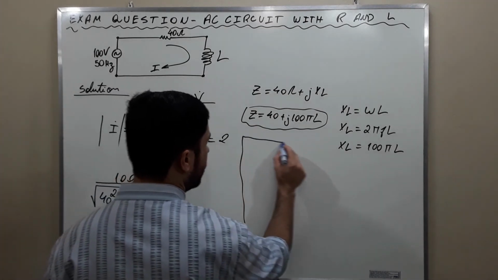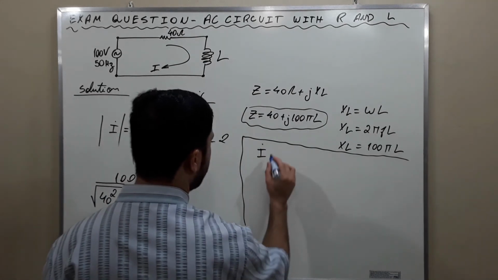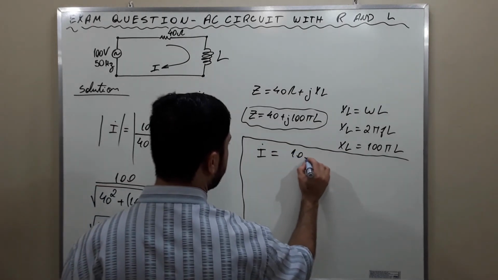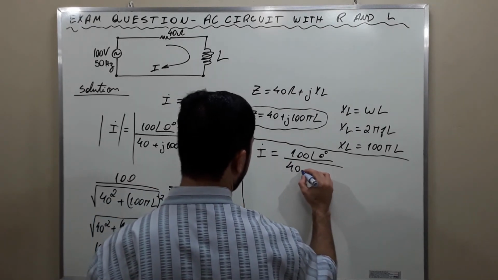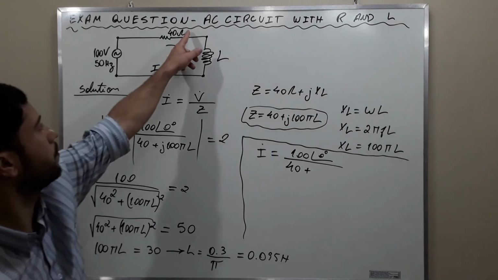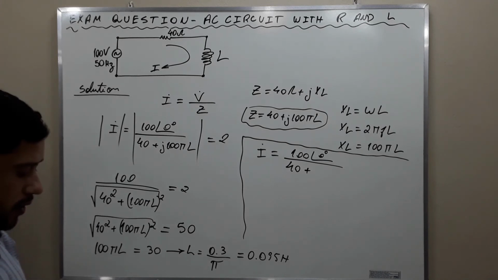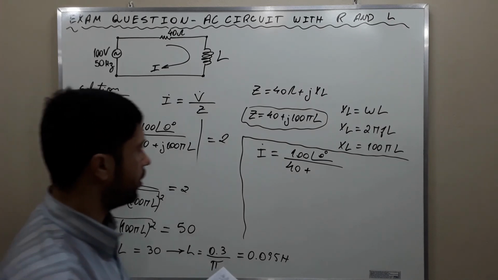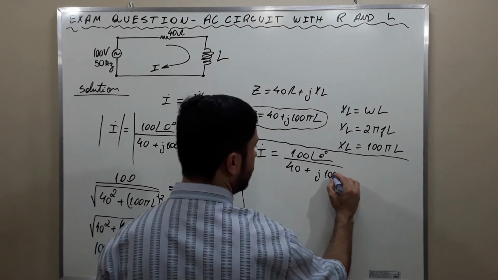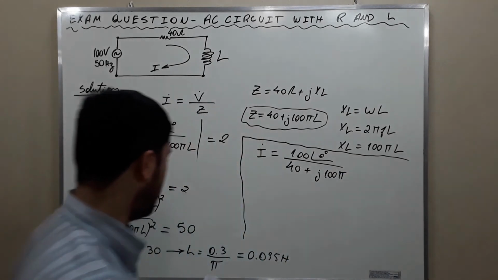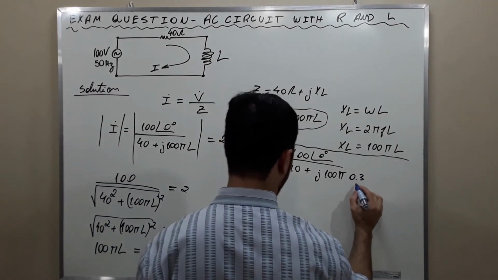So, the current phasor is going to be 100 phase 0 degrees divided by 40 here, and the inductive reactance, we discovered to be equal to j times 100 times pi times this value here, 0.3 over pi.